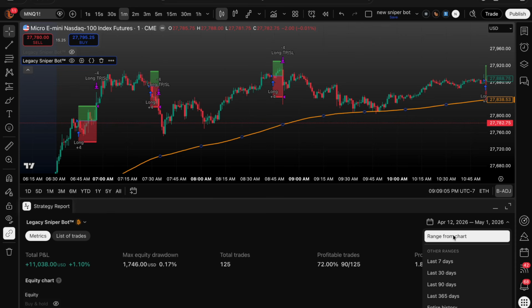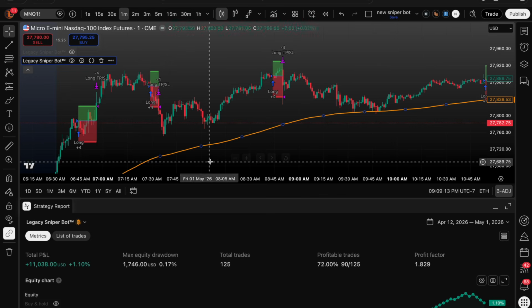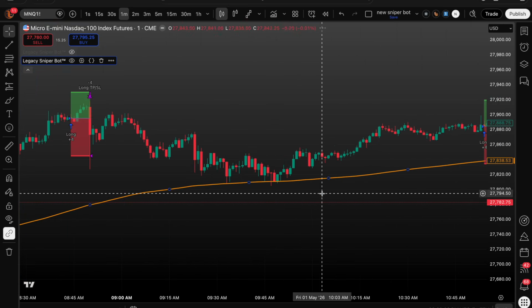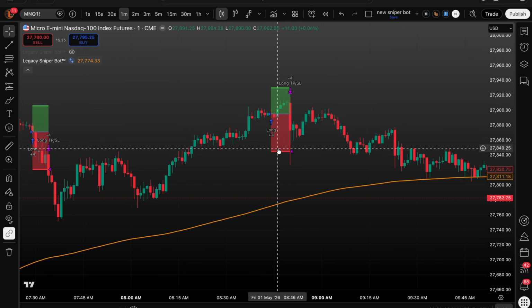And then reset back to chart. So 72% win rate, 1.8, over $11,000 P&L, 1.7K. So basically it uses higher time frames logic in order to generate signals. It will generate a long signal with a TP level and a stop loss level.